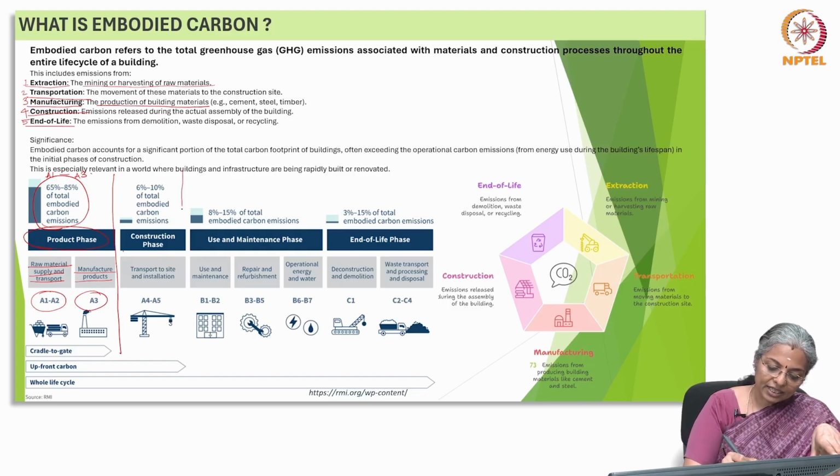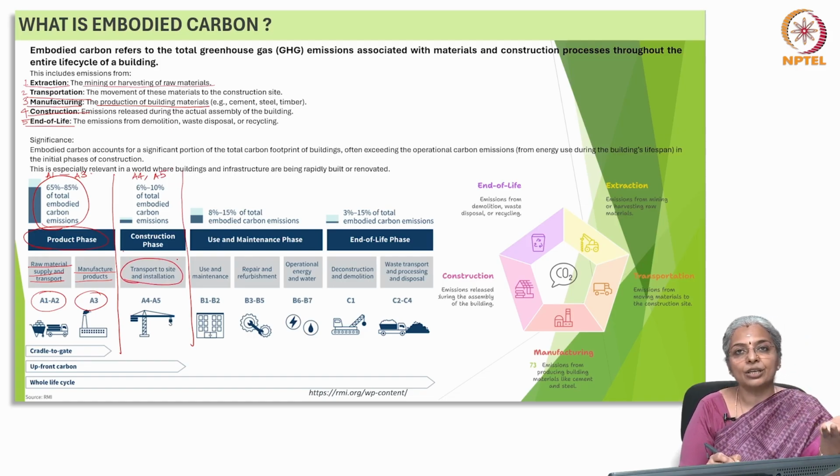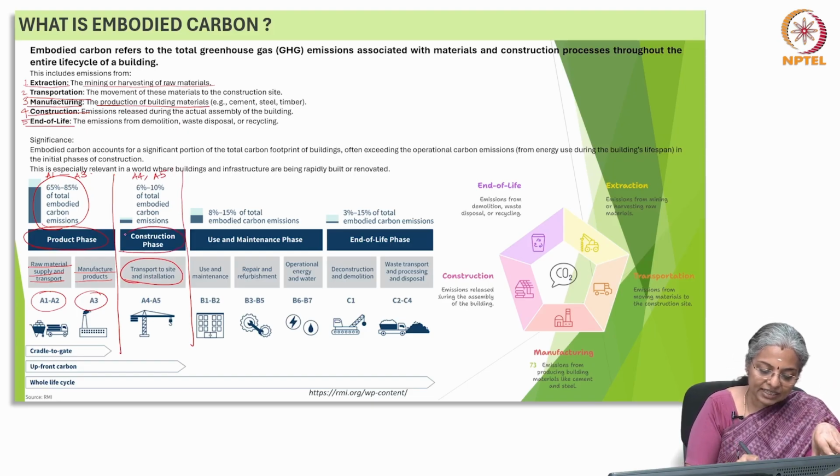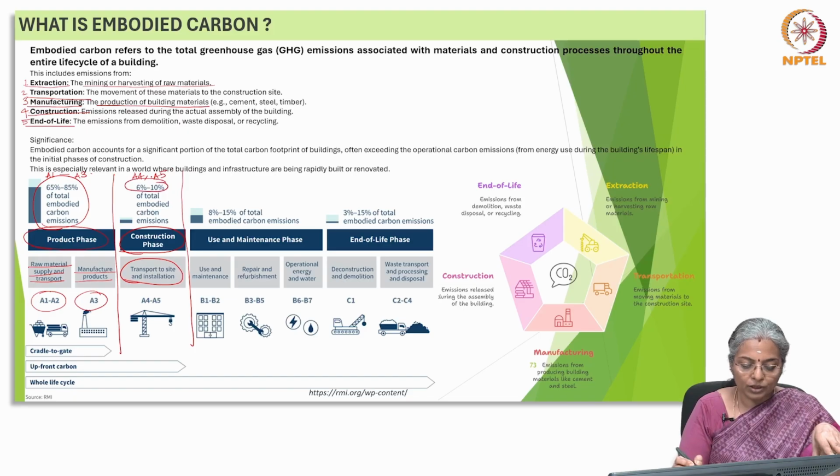Then we have the construction phase, which is called A4 and A5, and that is transport to the site and installation of the building material on the site during the construction phase. This constitutes about 6 to 10% of the total embodied carbon emissions.